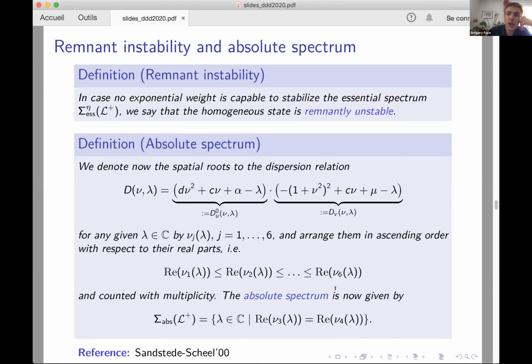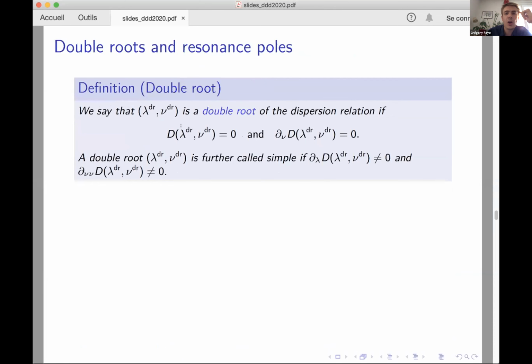I will also need to introduce two more notations. These are just double roots of the dispersion relation, in the sense that your root and also the derivative of the dispersion relation with respect to nu vanishes. It's simple if you satisfy these non-degeneracy conditions.